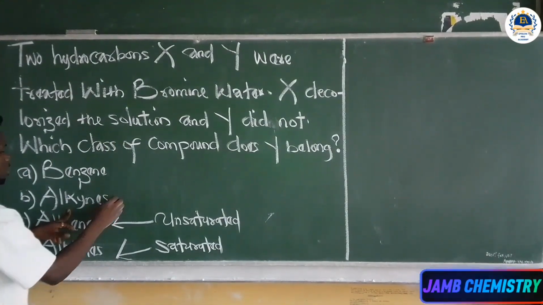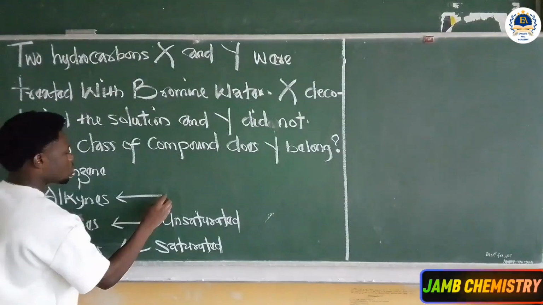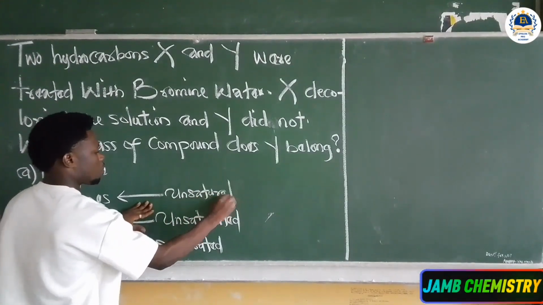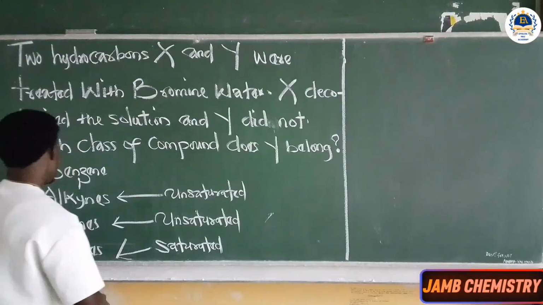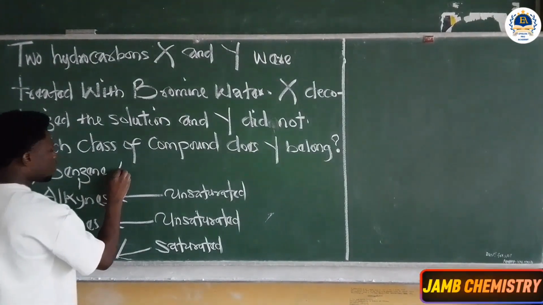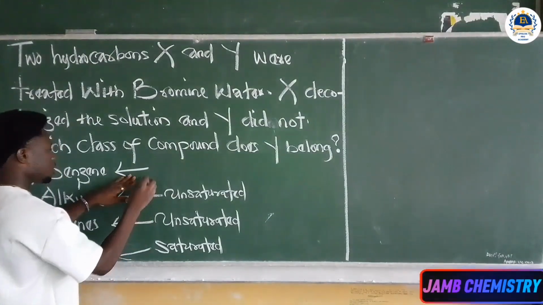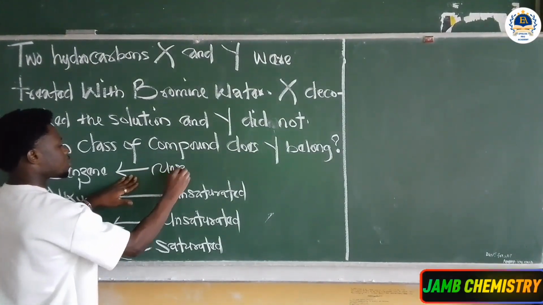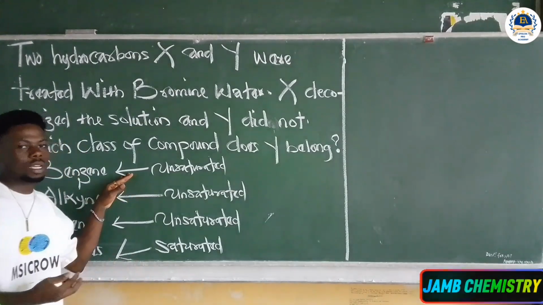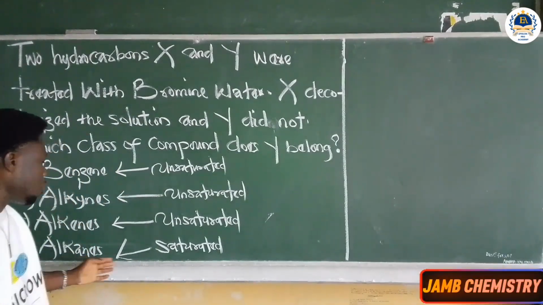Alkynes, they are also unsaturated. Benzene, because of its alternating pi bonds in the ring form, is also unsaturated. So the only saturated compound on the board is alkanes.